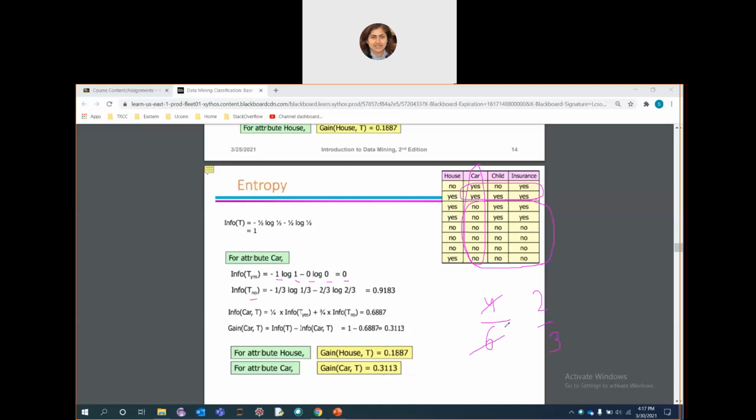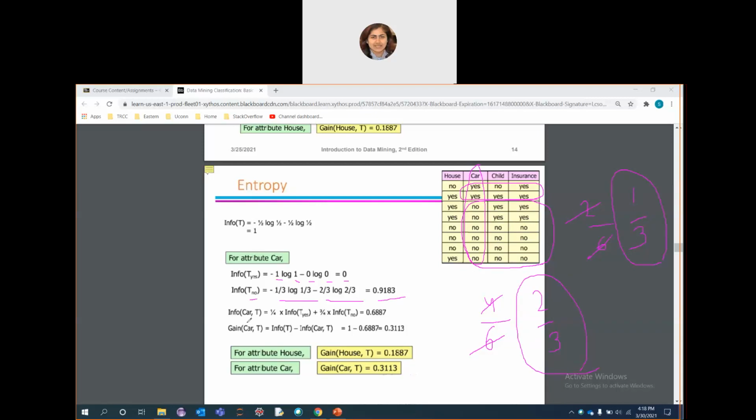And how many of the total 6 no's are associated with yes? That will be 2 divided by 6, which will be 1 divided by 3. So this 1 divided by 3 and 2 divided by 3 are placed here. This is your value for info of T no.